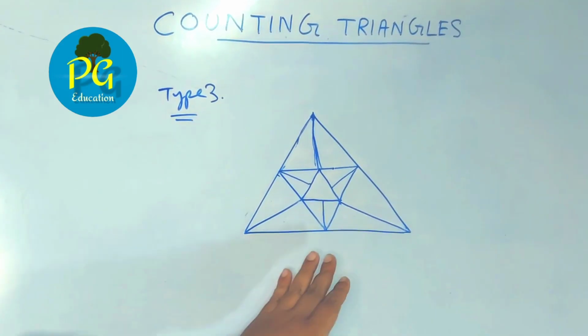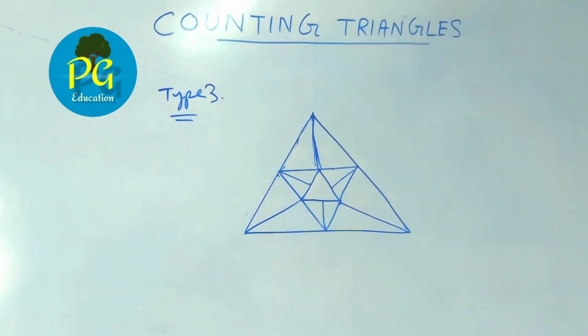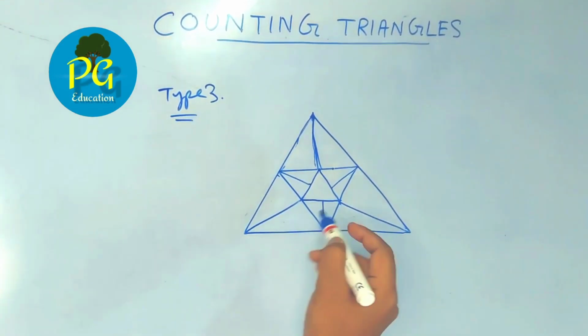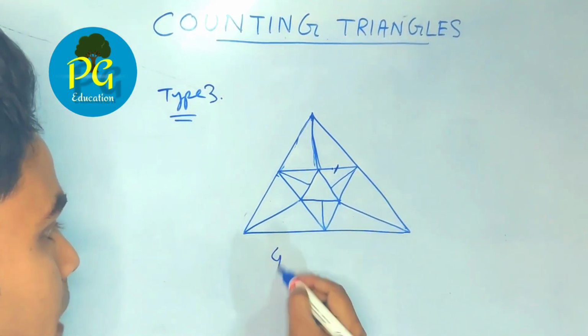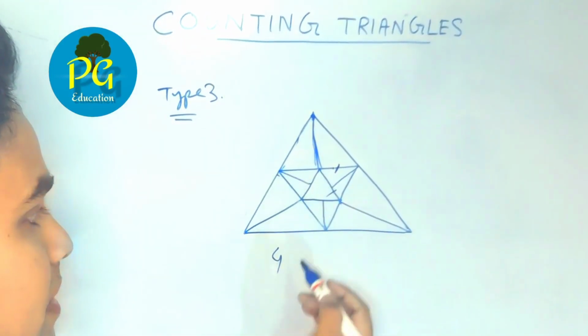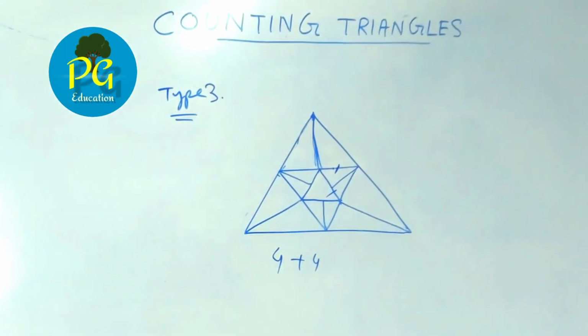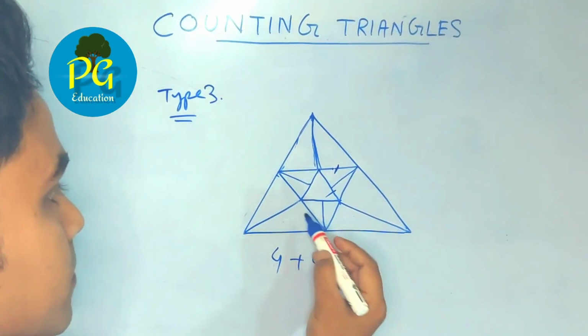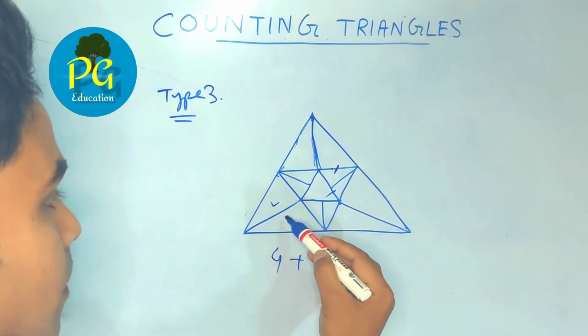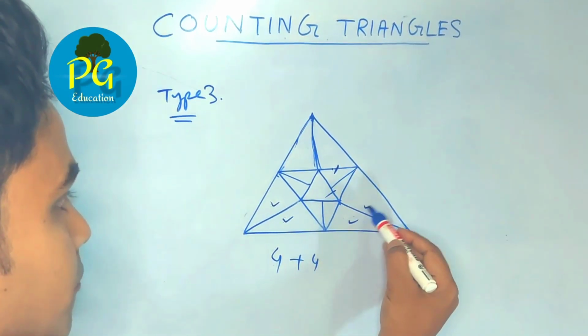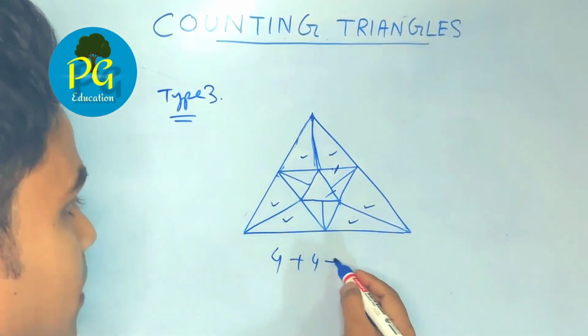Now if I ask you how many triangles are there, can you find out? Yes, you can find out easily. How? For this triangle you have 4 triangles, for this triangle you have another 4 triangles. Now here you get 1, 2, 3, 4, 5, 6, so 6 triangles.